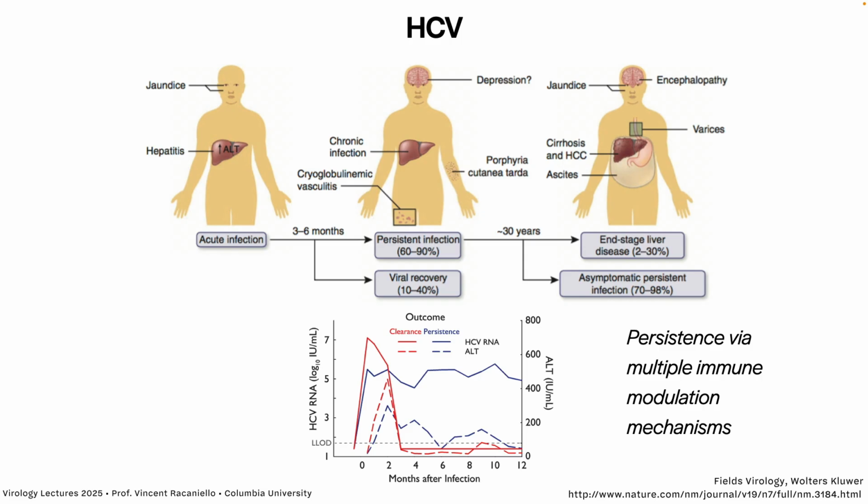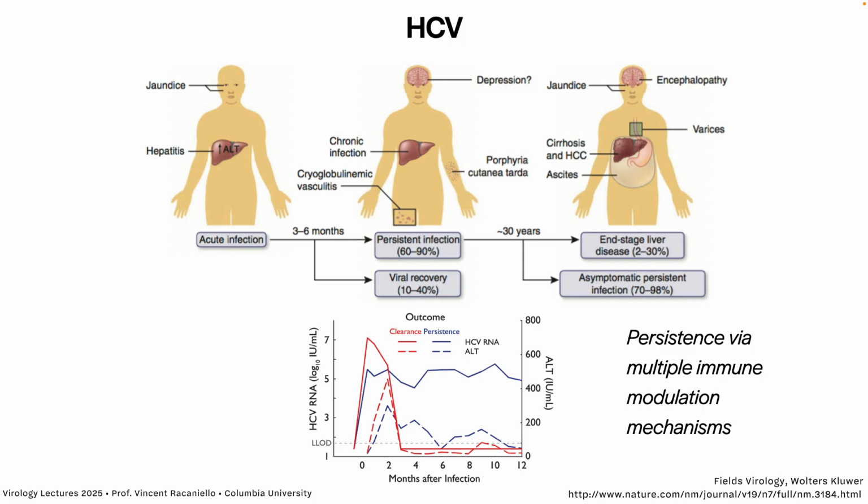So you can see the blue is viral RNA in the persistent patients. The ALT rises and falls over the months of infection. So acute infection, 3 to 6 months, 10 to 40% of the patients recover. 60 to 90% go on to have a persistent infection.